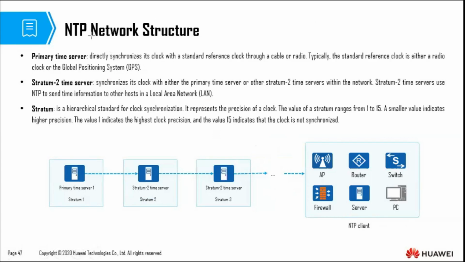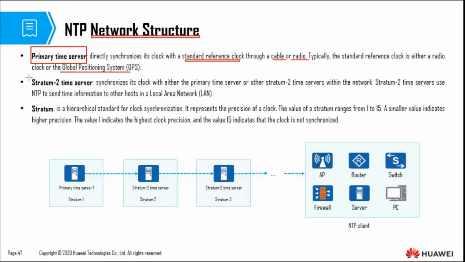So the structure of an NTP network: you might have the primary time server. The primary time server synchronizes its clock with the standard reference clock through a cable or radio. The standard reference clock normally uses radio or GPS, global positioning system, and therefore it's very accurate.